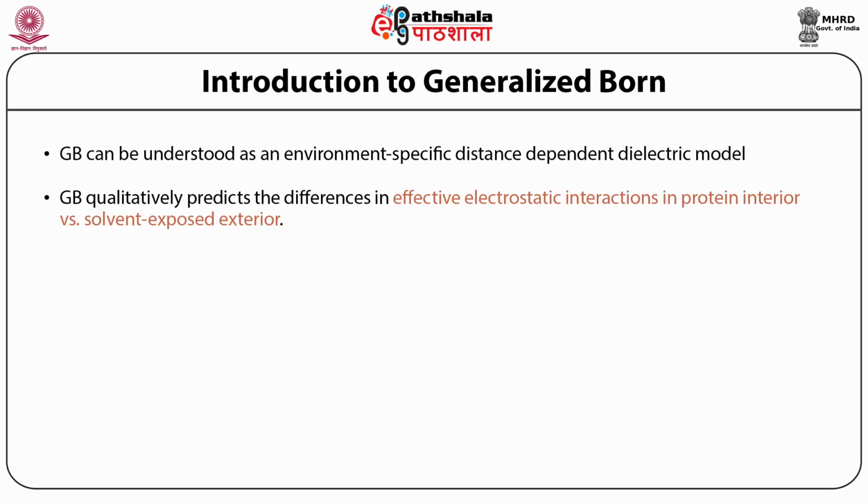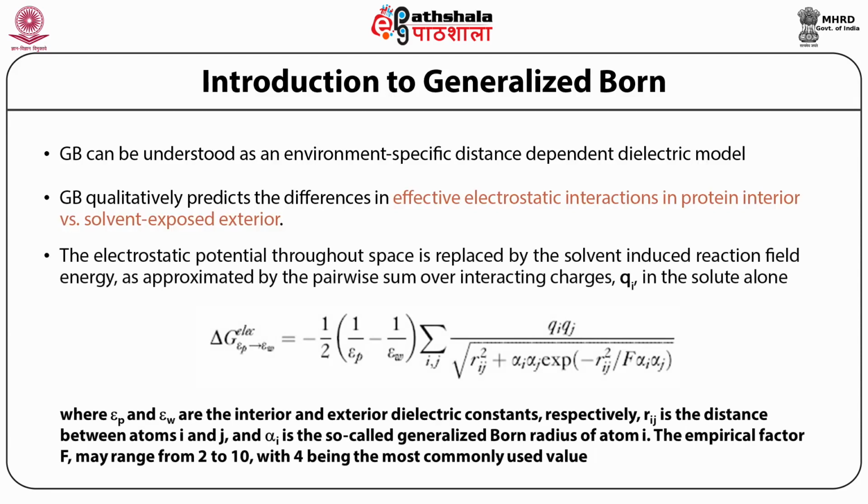How to take care of those is given by the generalized Born approximation. What is shown here is that the electrostatic potential throughout the whole space is replaced by the solvent induced reaction field energy, which is shown at the bottom, depicted as epsilon P and epsilon W. These two are the interior and exterior dielectric constants, which give you the understanding of how it is different.